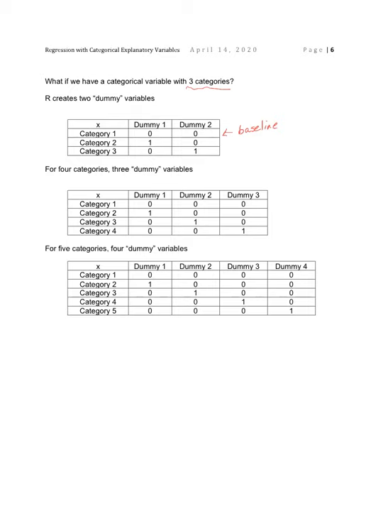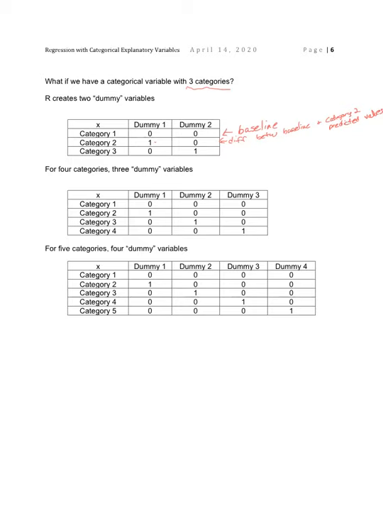Okay, then for category 2, the first dummy variable is going to get a value of 1, okay? And this will be the difference between the baseline when the value is from category 2, and then for category 3, okay, the dummy variable 1 goes back to being 0, and the second dummy variable is now a 1.